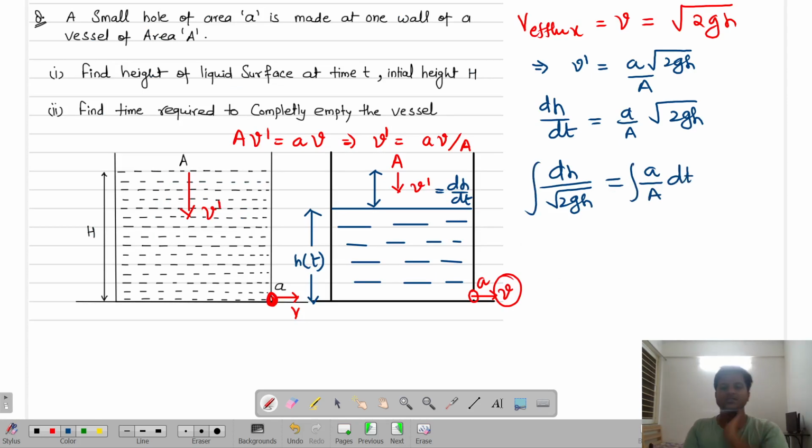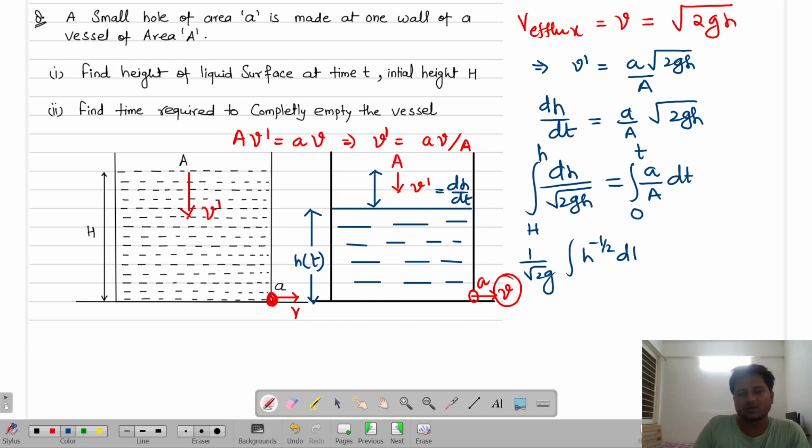If I do the integration, I'll definitely get the answer. At t equal to 0, the whole liquid was at height H. At any time t, the liquid is at a small height h. So if I do the integration, I get 1 by root 2g common, and h to the power of minus 1 by 2 dh is equal to a by A into t, from capital H to small h.